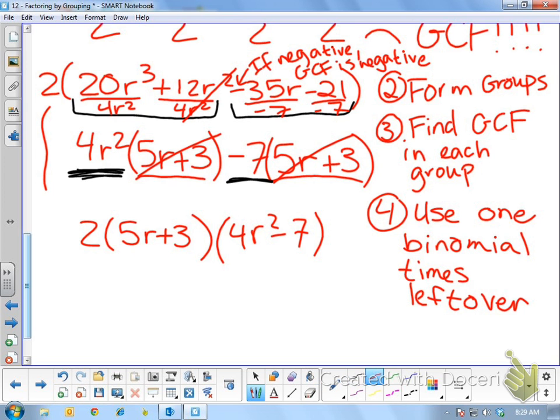That greatest common factor should not disappear. It's still part of our answer, just like when we do greatest common factor with the box method, it still is part of the answer. So I know it's kind of a weird process, but it's the same process every time. There's not really any tricks in this kind. There's no variations. You do these steps every single time.